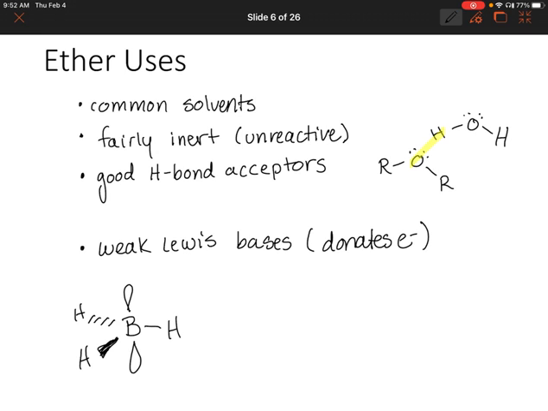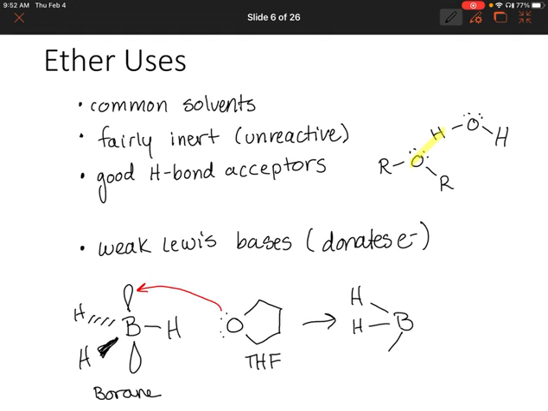And again, boron has an empty p orbital, so that allows the Lewis base to donate electrons, and then boron accepts those electrons. And then we end up with a complex between boron and the Lewis base. All right.